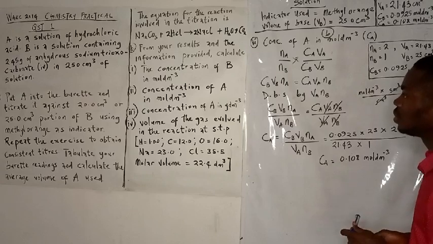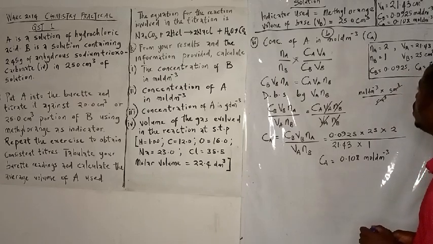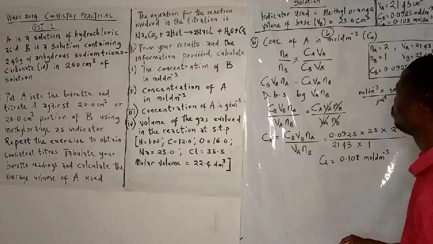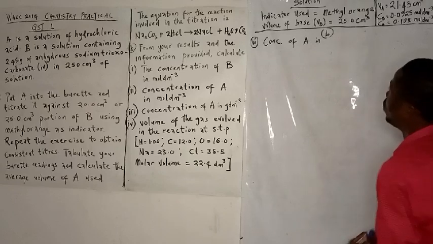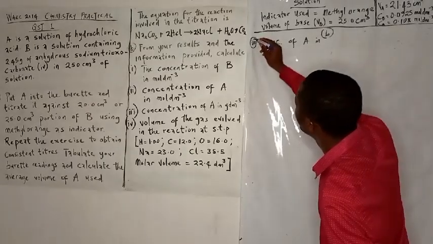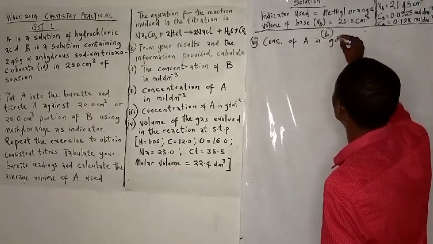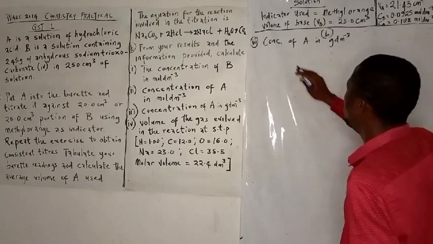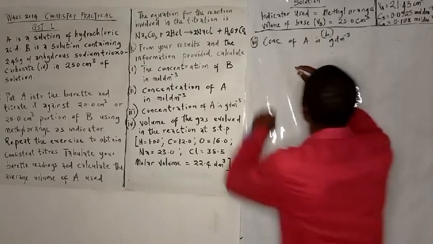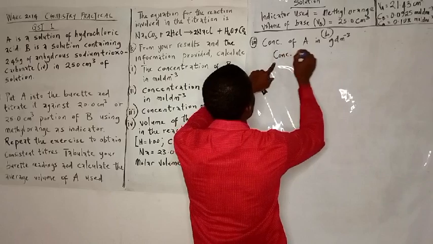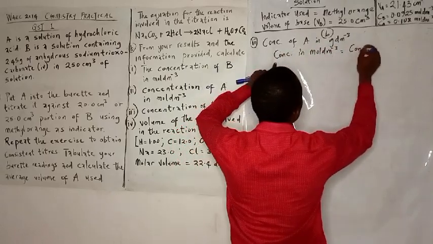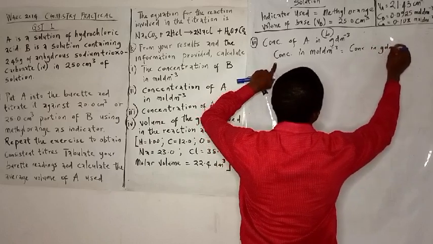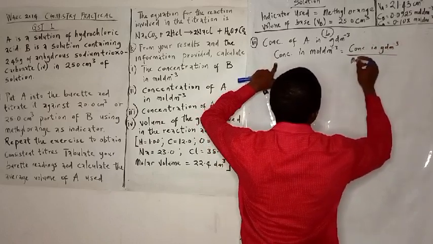Now we go to the next question, the concentration of A in grams per dm cube. So we have the third part. Third part is concentration of A in grams per dm cube. Here we have to use the formula that concentration in mole per dm cube is equal to concentration in grams per dm cube all over molar mass.